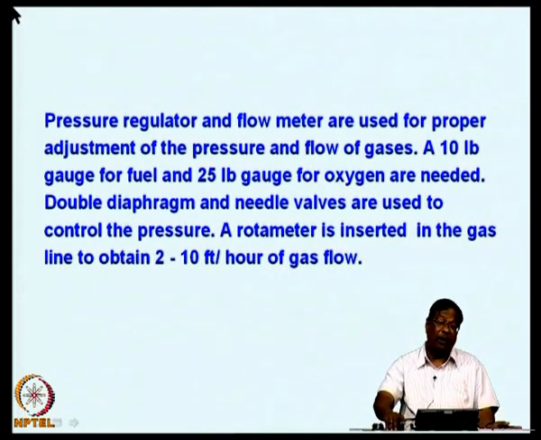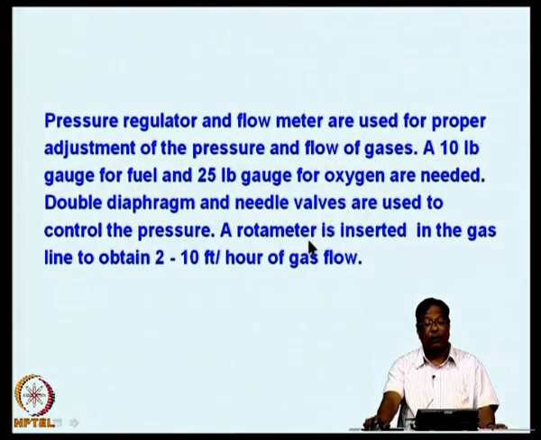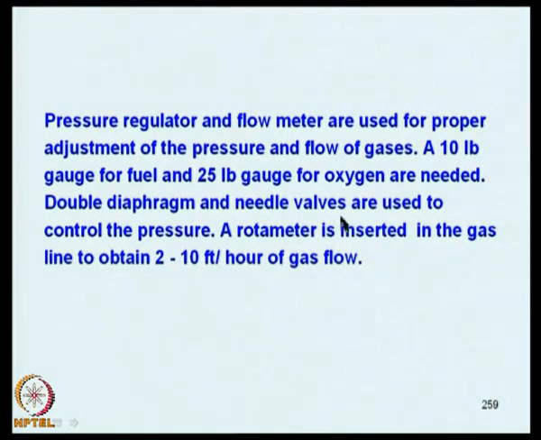So, double diaphragm and needle valves are essential to control the pressure. A rotameter is also necessary to determine the flow rate of the gases, and the gas line should have the rotameter fixed somewhere in between, through which the gas will be flowing at the rate of about 2 to 10 feet per hour.